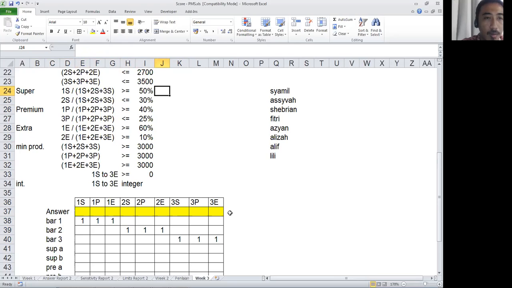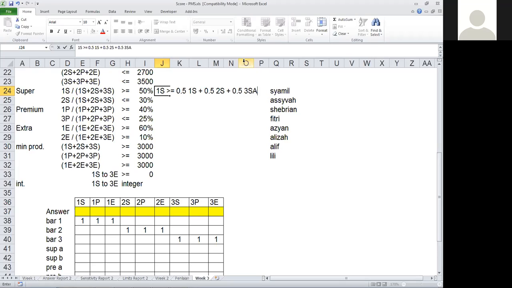So it means that 1s is more than or equal to what? We move this to the right side, right? So it means 0.5 1s plus 0.5 2s plus 0.5 3s.